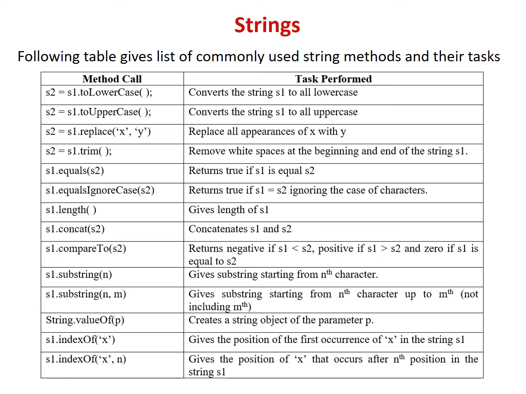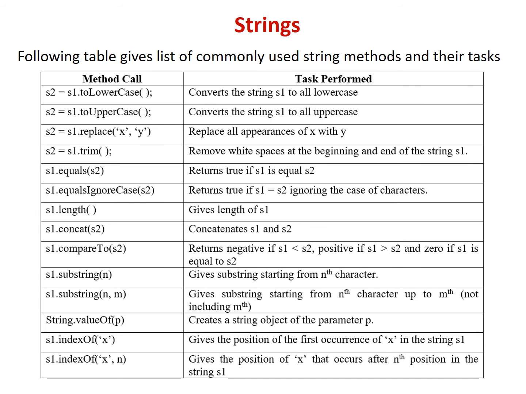Method concat concatenates two strings. Method compareTo returns negative if string 1 is less than string 2, positive if string 1 is greater than string 2, and 0 if both the strings are equal.